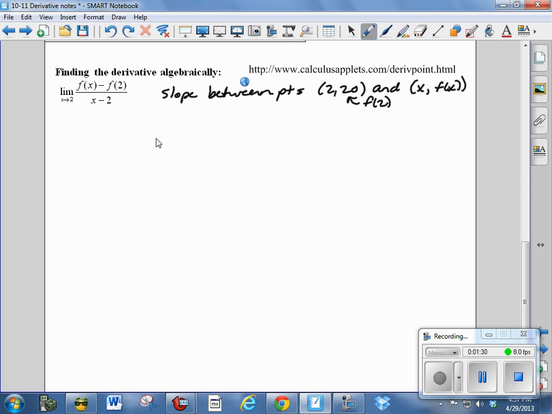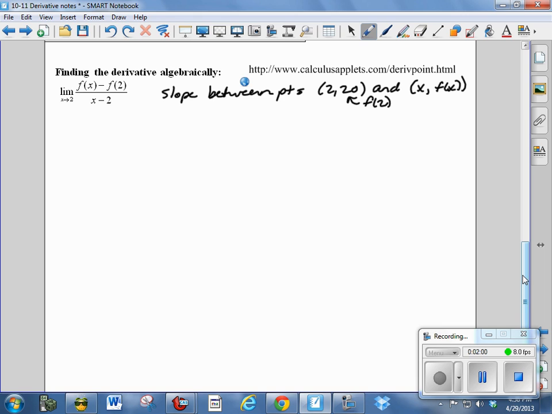That makes sense because I can't find the slope between two points that are the same point; my numerator and denominator will both be 0. But because it is a 0 over 0, that is a removable discontinuity. That corresponds to a hole in the graph when we did a rational function. It was removable. I could fix it and find the limit. So this is what I'm going to do with this particular function.